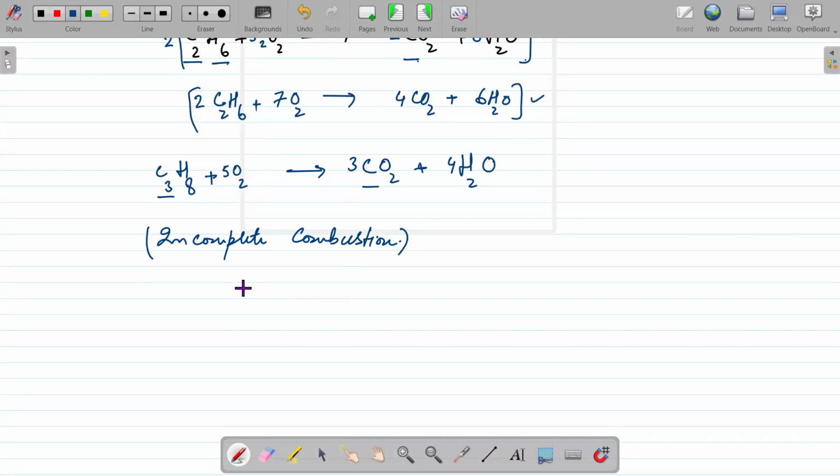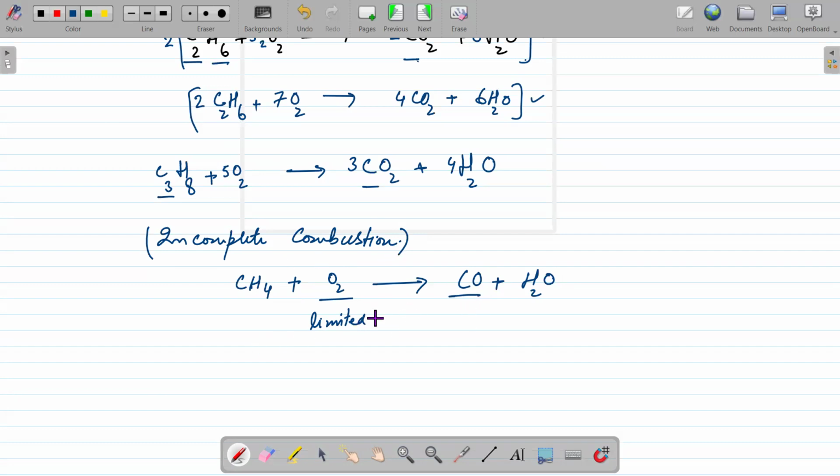So it means if I have CH4 and I burn it in a limited supply of oxygen, then instead of carbon dioxide, what will I get? I will get carbon monoxide and water. So it means incomplete combustion.